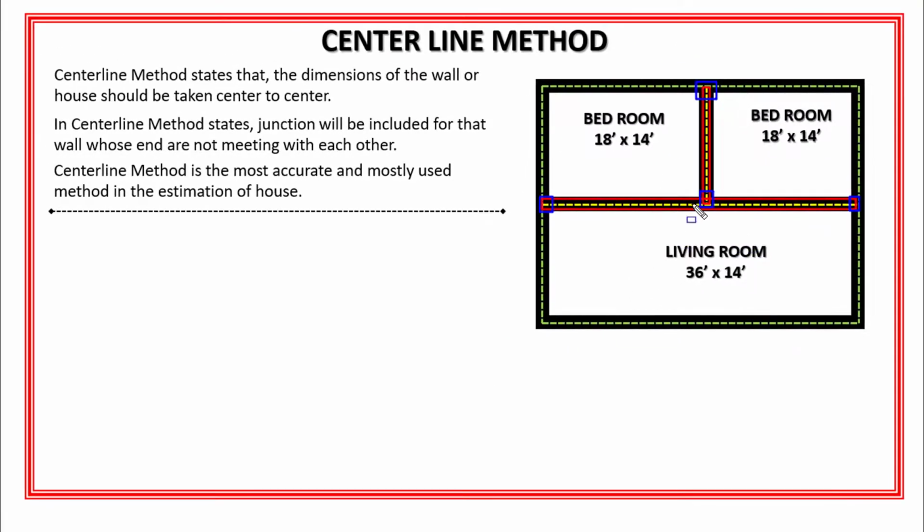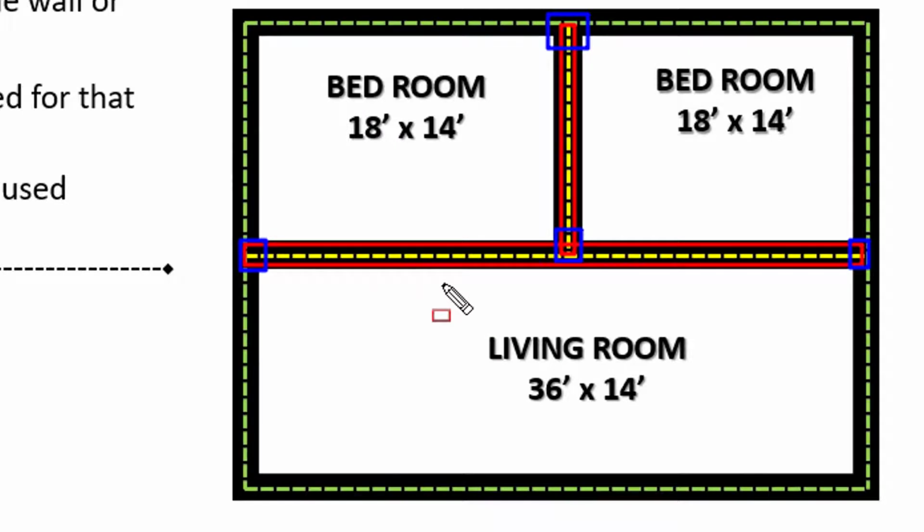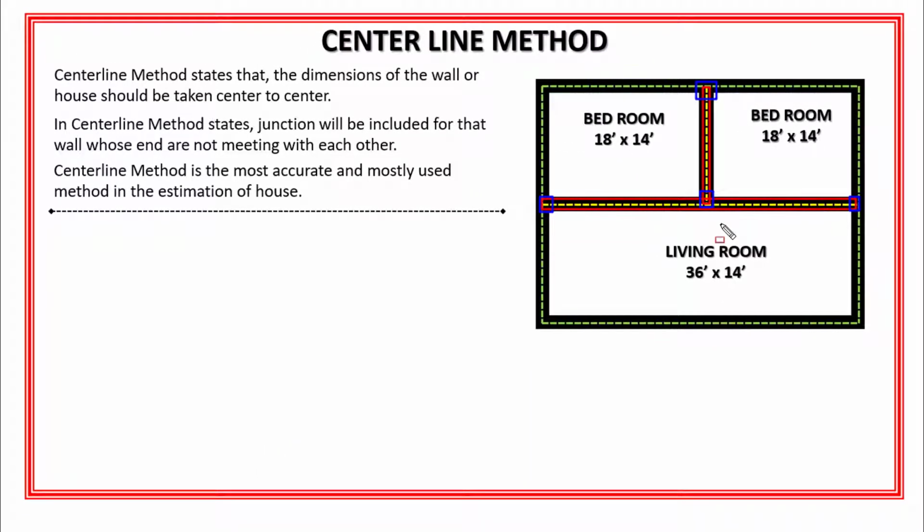Now according to the center line method, it states that if both ends of the center line are not meeting with each other, then both ends will be considered as the junctions for that particular wall. Okay. So for this yellow center line, I have two junctions. And for this yellow center line, I also have two junctions. So basically for these two yellow center lines, I have four junctions.